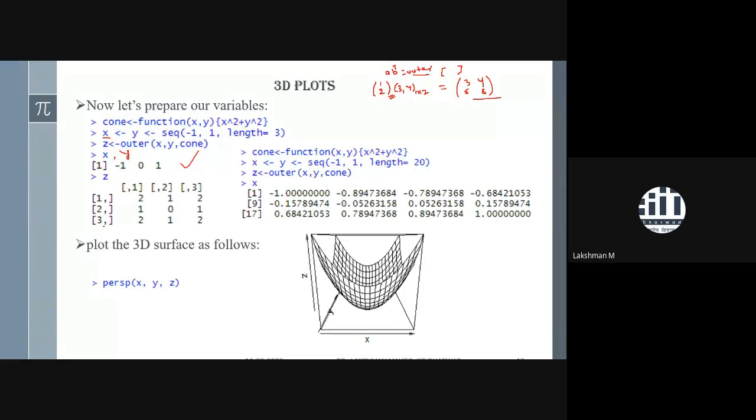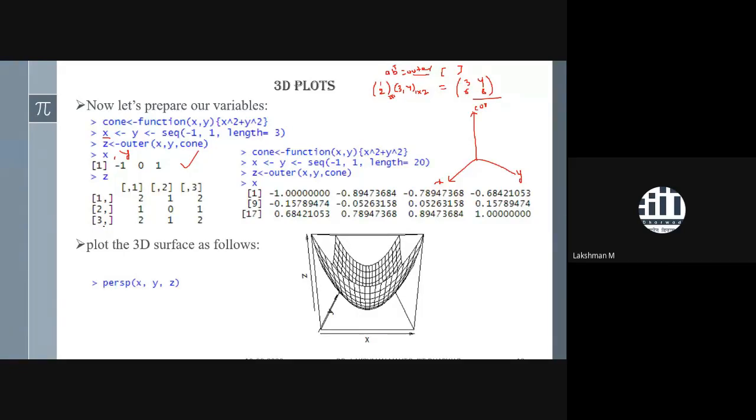So these are the values of X and Y. X has 3 entries along the x-axis, and Y also has 3 entries along the y-axis. You can observe the plot like this: this one is the x-axis, this one is the y-axis, and this is your cone.